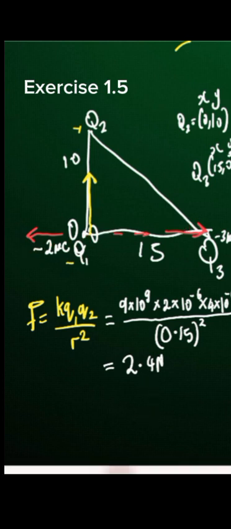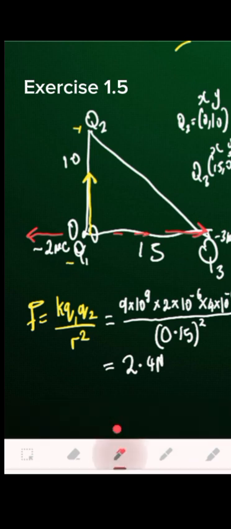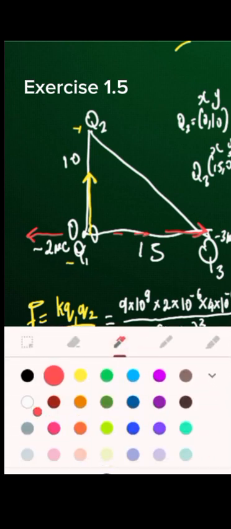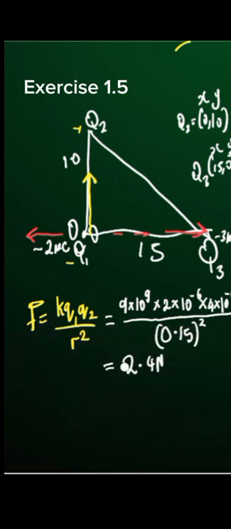So we can say that our force, when we want to put the direction, but it's not needed, is minus 2.4 Newton, right? Depending on how you see it in exam. If you see sign in your option, then you consider it.